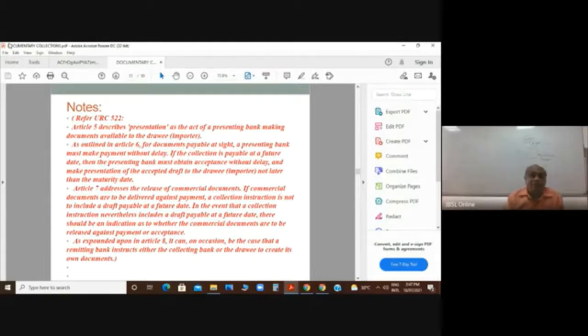Now, when you are reading Article 5, it describes presentation as the act of the presenting bank making documents available to the drawee. Then Articles 6, 7, 8, read.